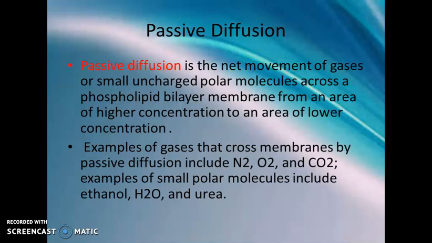Examples of gases that cross membranes by passive diffusion include nitrogen gas, oxygen gas, and carbon dioxide. Examples of small polar molecules which move across the phospholipid bilayer through passive diffusion include ethanol, water, and urea. These are the small polar molecules.